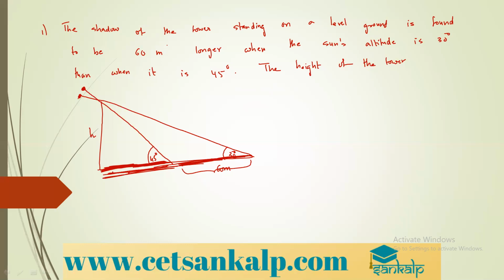So clearly what is said in the question? The shadow of the tower standing on the level ground is found to be 60 meters longer when the sun's altitude is 30 degrees than when it is 45 degrees. With this information, we have to find the height of the tower.